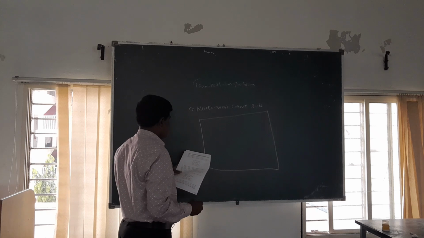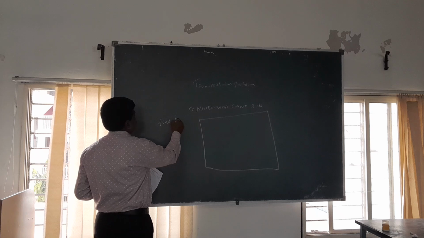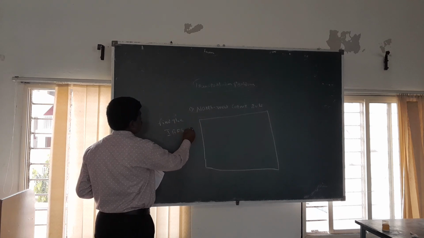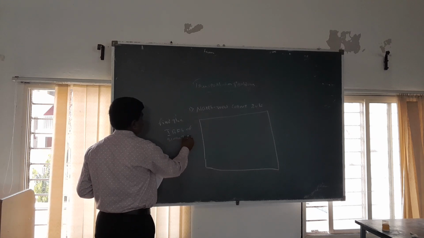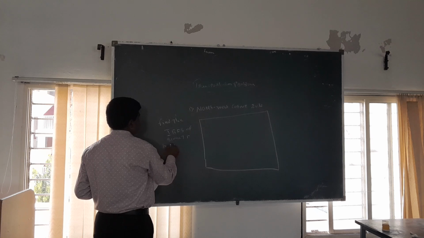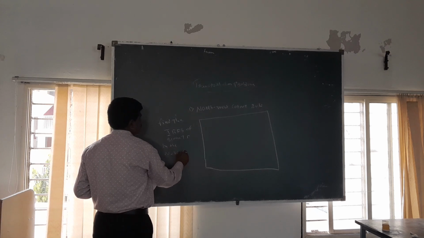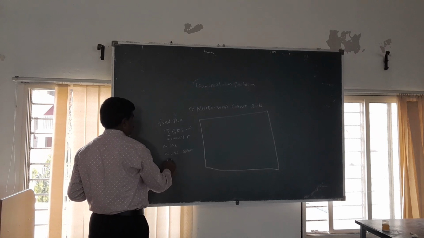Suppose we find the initial basic feasible solution of the given transportation problem by the NW corner rule, that is, the northwest corner rule.